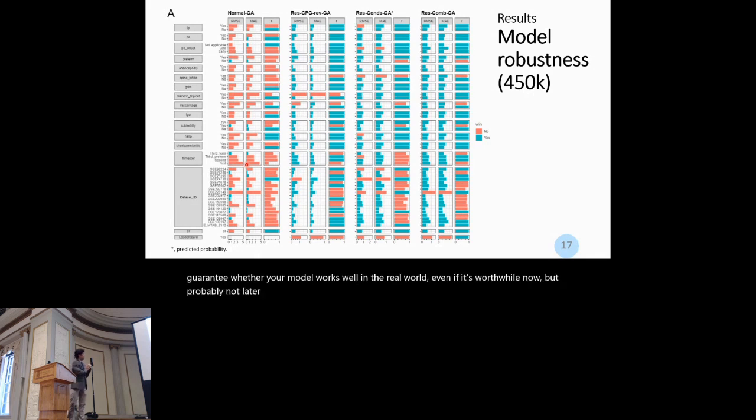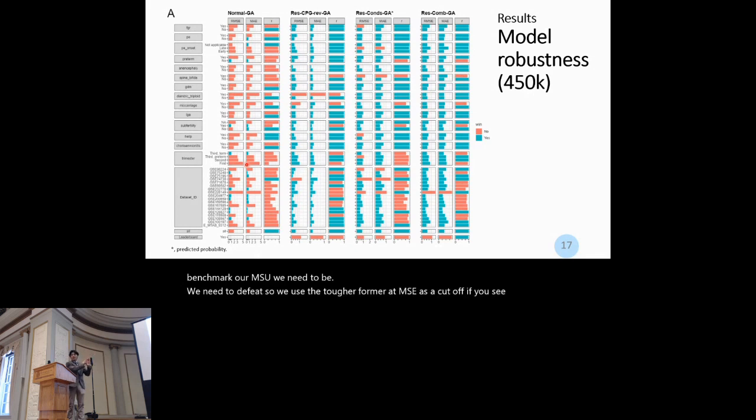So the goal is we try to look at as many subgroups as possible. A good thing about this challenge is that we have an idea of the benchmark RMSE we need to beat. So we use the top performer's RMSE as a cutoff. If you see green, then our model wins. If you see red, then our model loses.